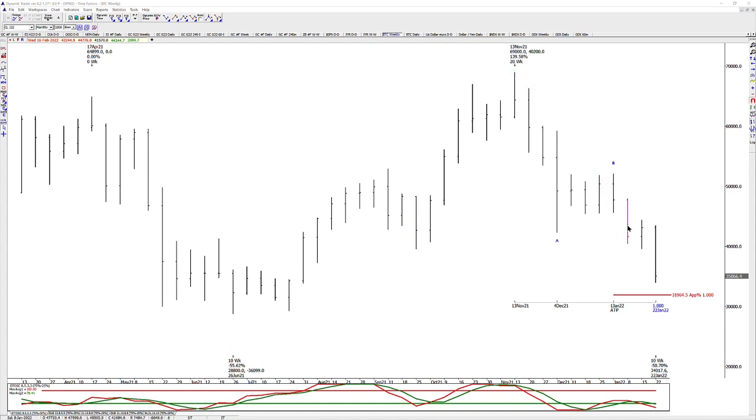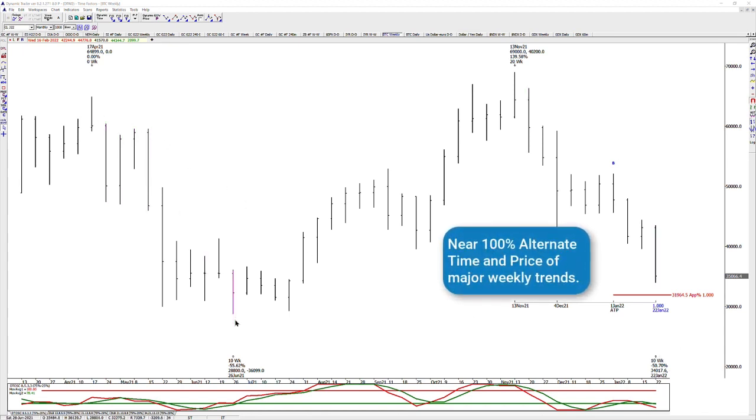And then as of the last bar in the chart, which was also 10 weeks, or the 100% alternate time projection of this decline, the Bitcoin had declined almost 51%, very close to the decline that occurred back in April into June.